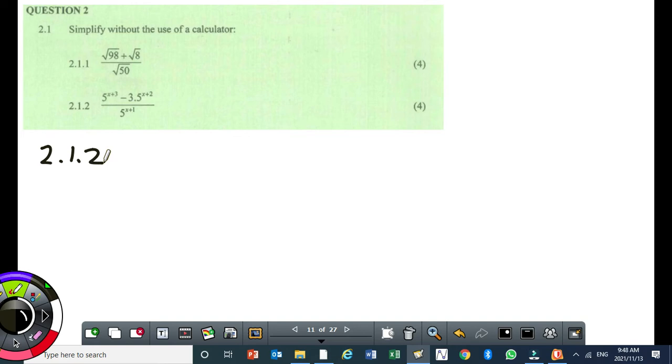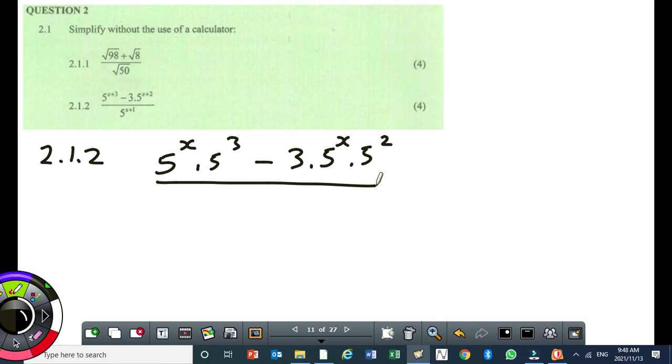If you are to do this question here, you have to create a common factor. So first, break up the first term with 5 to the power of x times 5 to the power of 3, minus 3 times 5 to the power of x times 5 squared. This is all over 5 to the power of x times 5 to the power of 1.